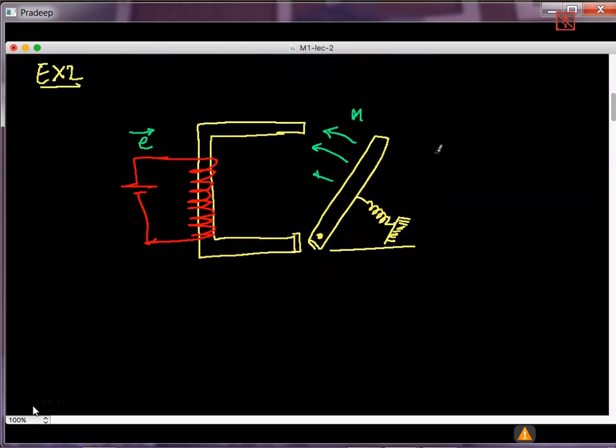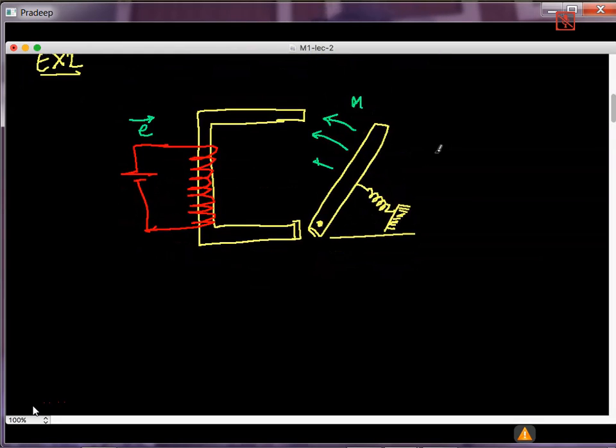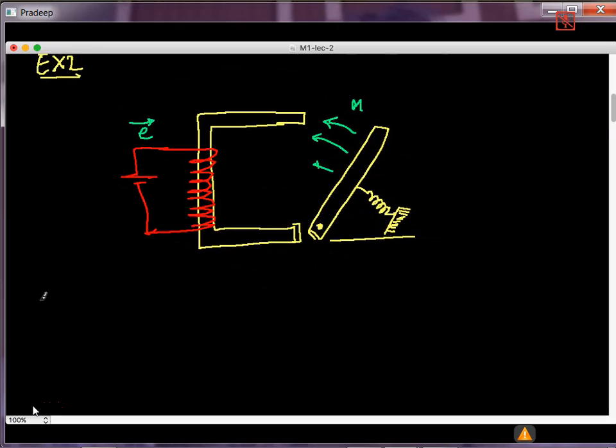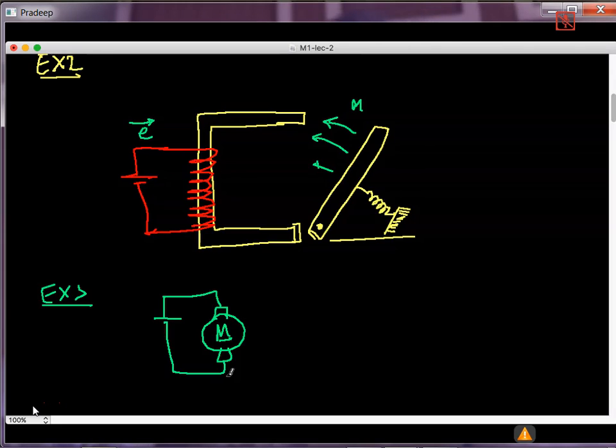And then finally, of course, the obvious example, example 3, is just a motor. You have a simple DC motor. I'll write M and draw a line, and then I connect a supply to this. Of course, there's a field winding also, and the field winding also is supplied power.